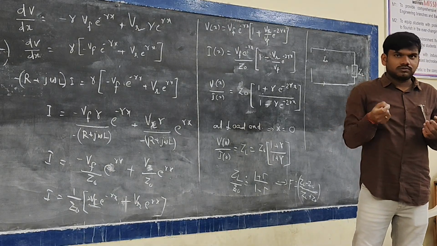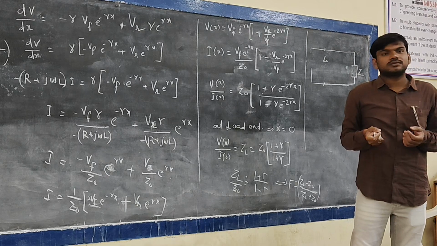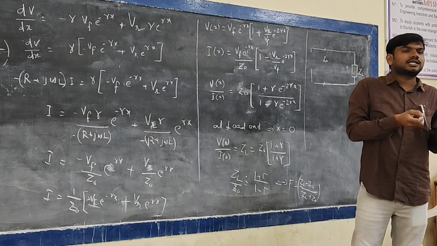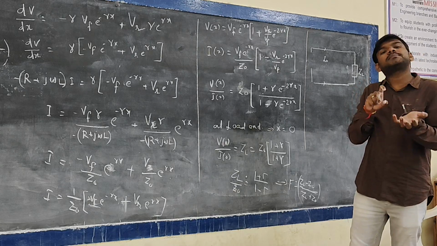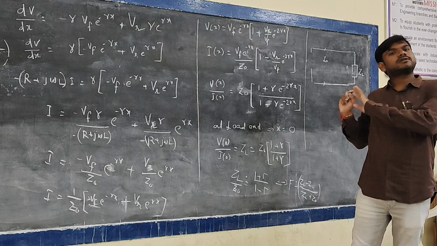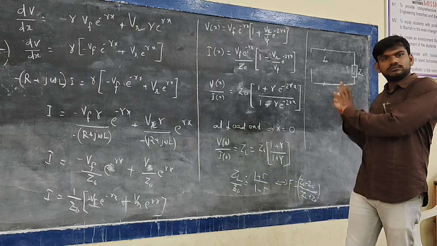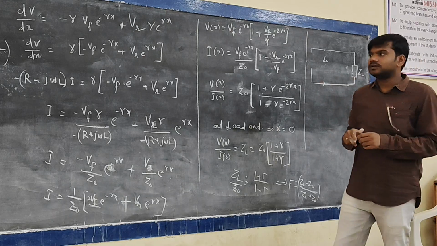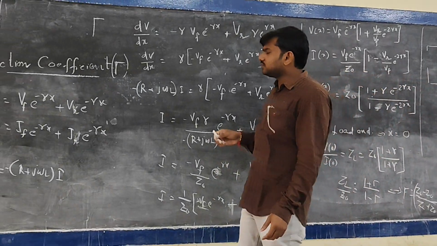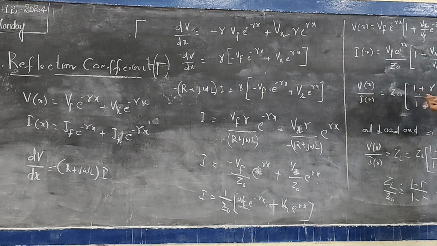If the reflection coefficient is 0, the entire power was transferred from source to load, so it is a completely matched load. Otherwise there will be power from load to source. That is the reflected power. Is there any doubt over that?